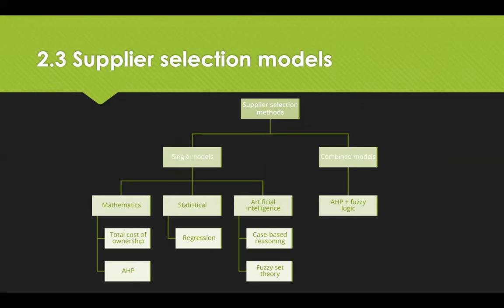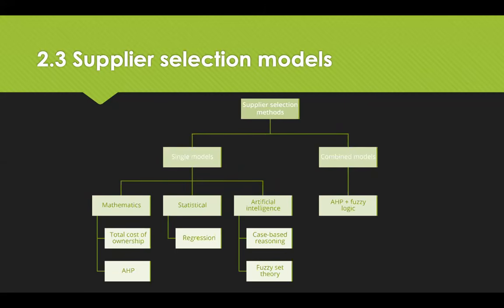Now here you can see the supplier selection models, and there are several techniques you can use to select a supplier. On the left-hand side, you've got the single models. So mathematics, which include mixed integer programming and goal and multi-objective programming. That ends up looking at things like the total cost of ownership, estimating all direct and indirect costs, and AHP, which is a computer-based decision making.